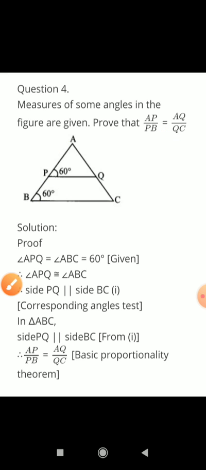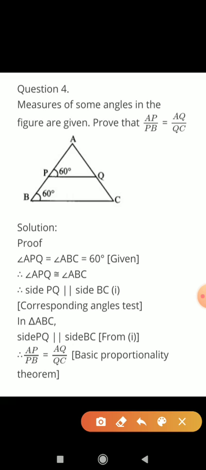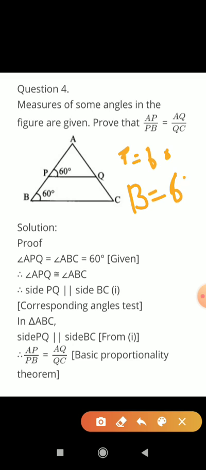Now see in the figure, angle P is equal to 60 degrees, and angle B is also equal to 60 degrees. Tell me which type of angles these two are, angle P and angle B. If we draw a separate figure, suppose this is line PQ and this is line BC, and this is line AB.